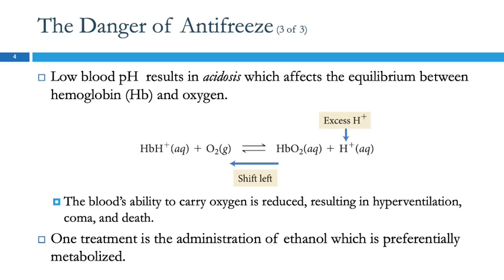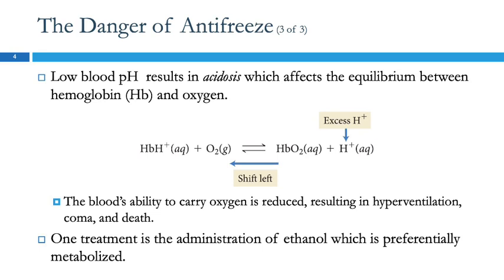An interesting treatment for ethylene glycol poisoning is the administration of ethanol. Ethanol is the alcohol in beer and wine and vodka and all those things that people drink. And the reason this works is that your body prefers to metabolize ethanol.